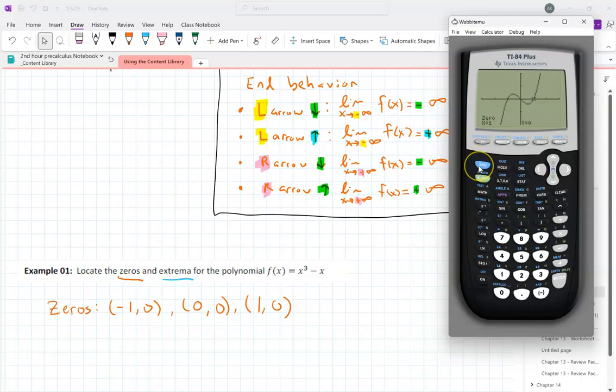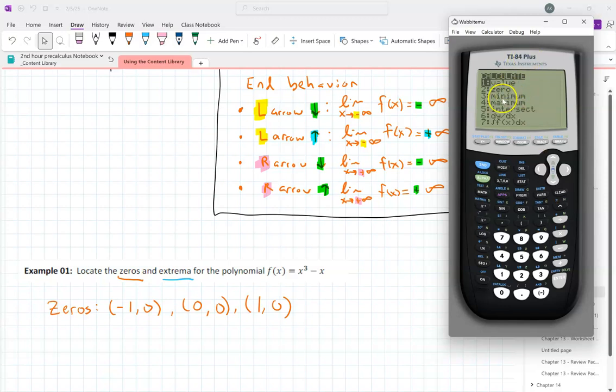Find the extrema. Second trace. What do you think I want to use here? If I'm looking for the extrema. The extrema are mins and maxes, right?